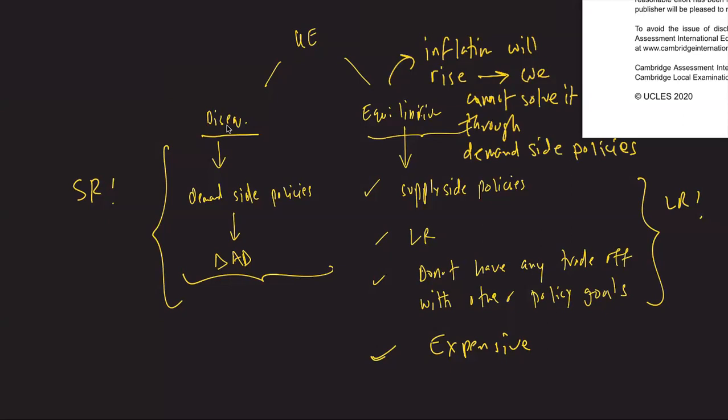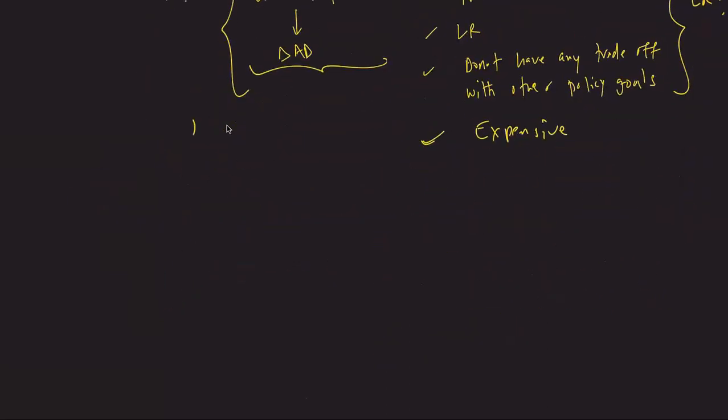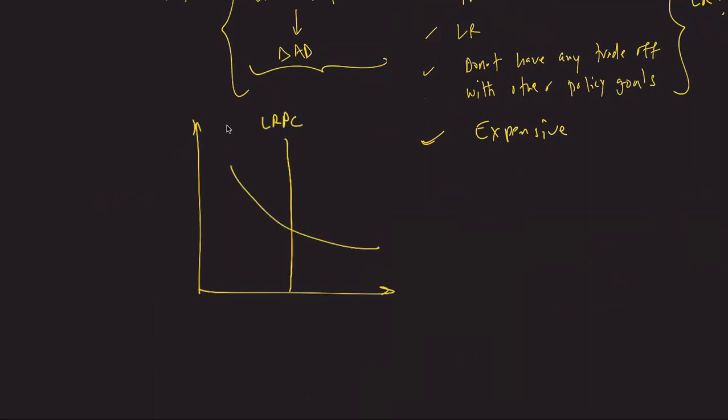Yeah, exactly, Nehru. Exactly, Saad. Remember, we talked about this. This is your long run Phillips curve. This is your short run Phillips curve. This is your U star. If you decide to lower your unemployment through demand side policies, you may do so in the short run.